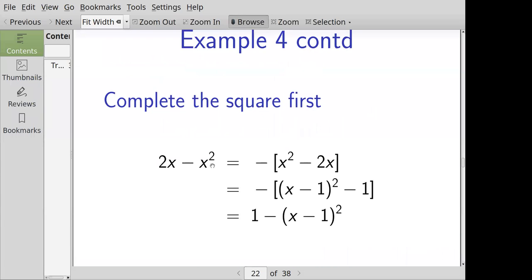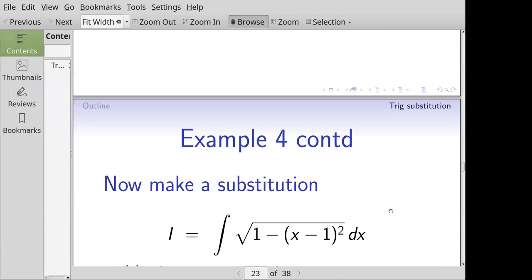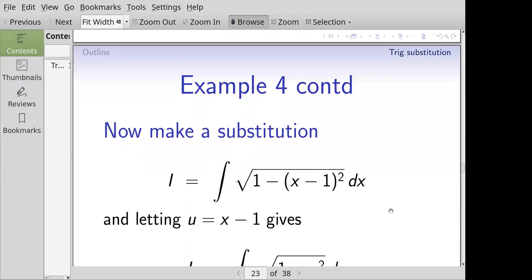Now let's go back and replace the 2x minus x squared by 1 minus x minus 1 squared. So my original integral can be rewritten as the integral of the root of 1 minus x minus 1 squared dx. Now, what was the integral that we knew how to do? We knew how to do root of 1 minus x squared dx. So how about we try a substitution? We'll let u equal x minus 1, and then du will be dx.